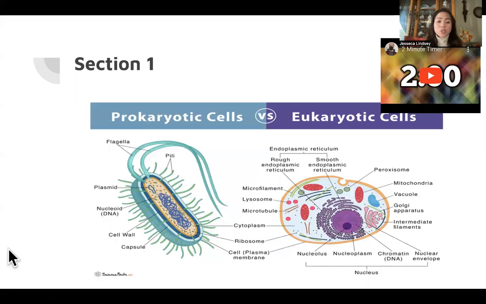Okay. So I will talk about section 1 for this recording. In section 1, we talk about two types of cells. Mainly we talk about prokaryotic and eukaryotic cells. Prokaryotic cells are known to be the first ones discovered by the scientists.